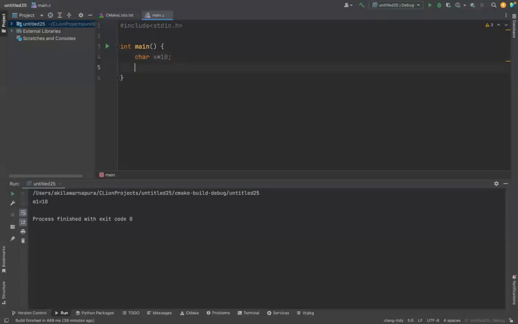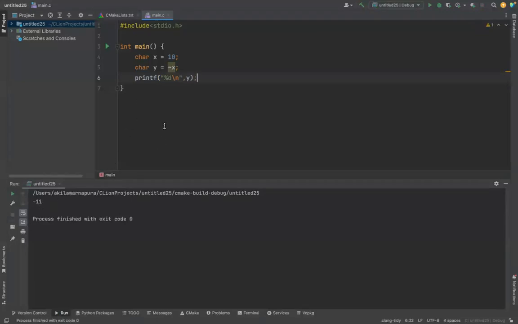Now I will take char y is equal to the 1's complement of x. Then you can printf percentage d slash n, y. Okay, try to run this program.